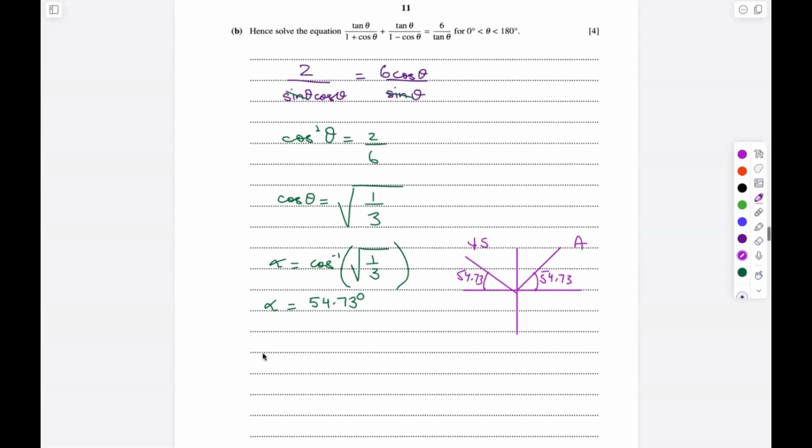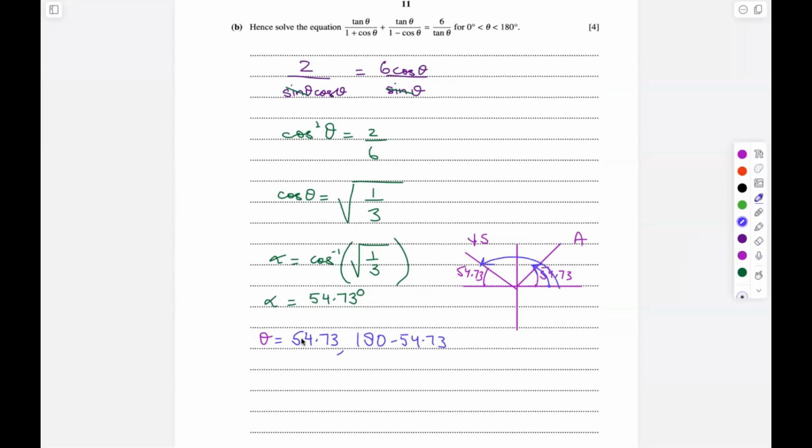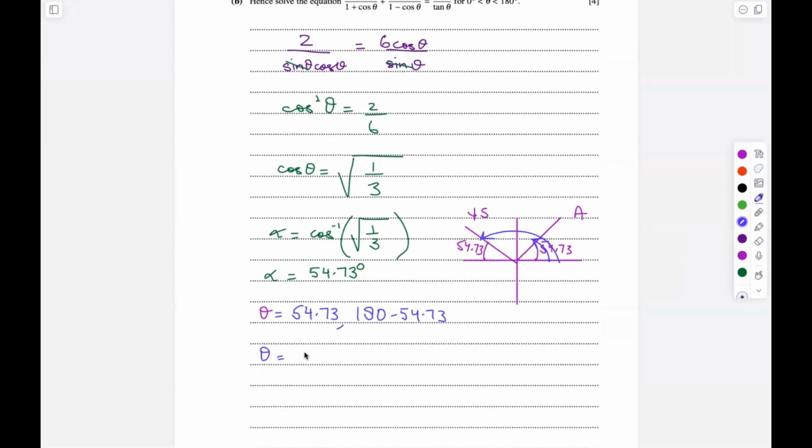So the first angle for theta will be from the positive x-axis anti-clockwise, so that is 54.73 degrees. And the second angle will be 180 minus 54.73 degrees. So the final answer to one decimal place, as it is an angle, will be 54.7 degrees. And the second answer will be 125.3 degrees.